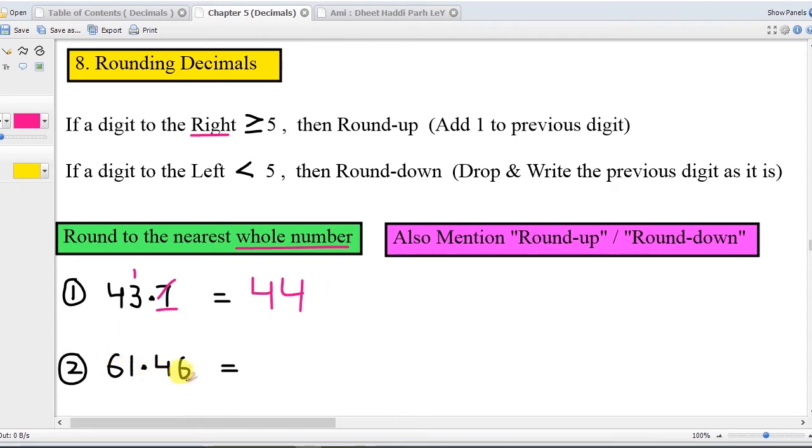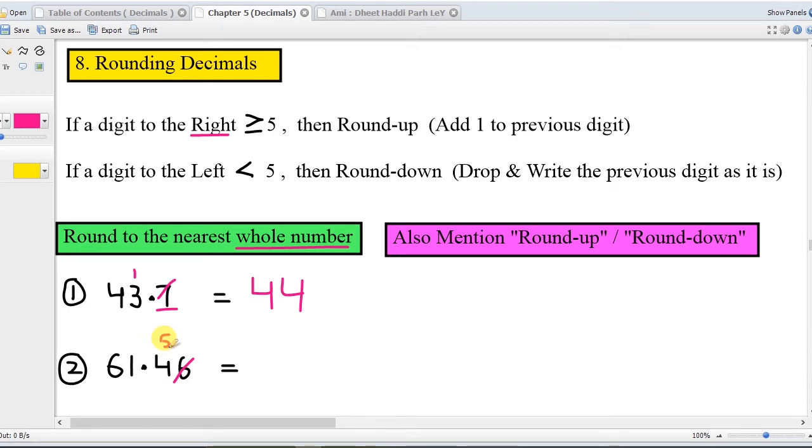Now next, 61.46. Again we have to round it to the nearest whole number. So start solving it from the extreme right side. 6 is greater than 5, so we have to add 1 to the previous number. Now the previous number becomes 5, and cancel this 6. Now this is the new number, 5.